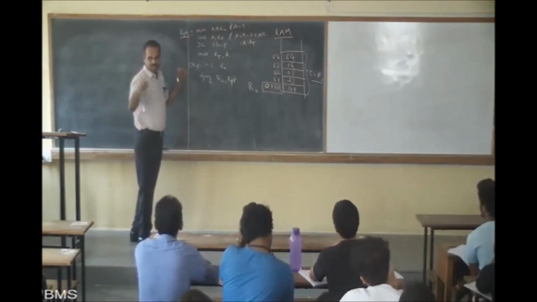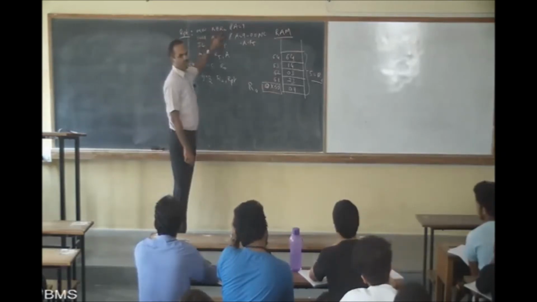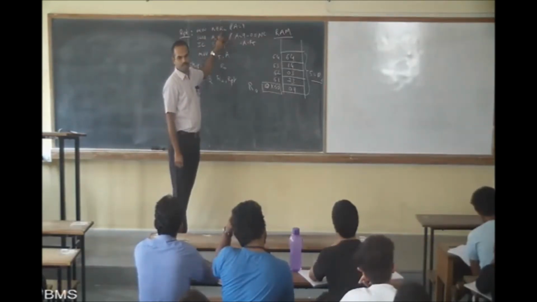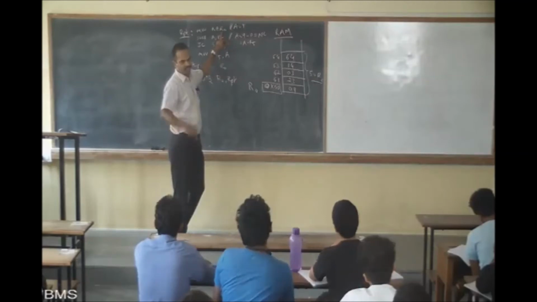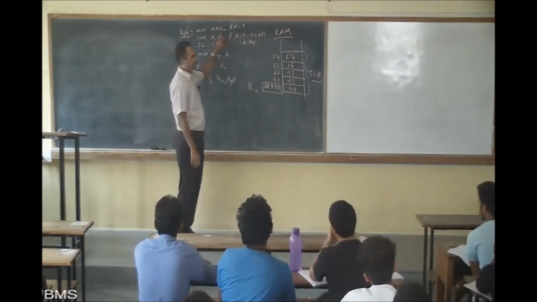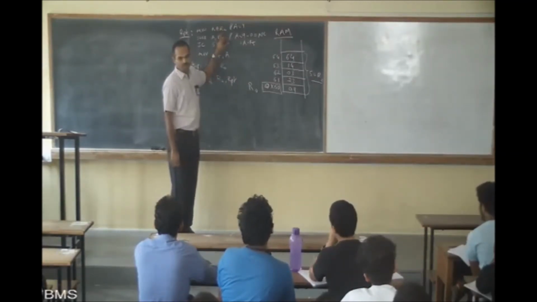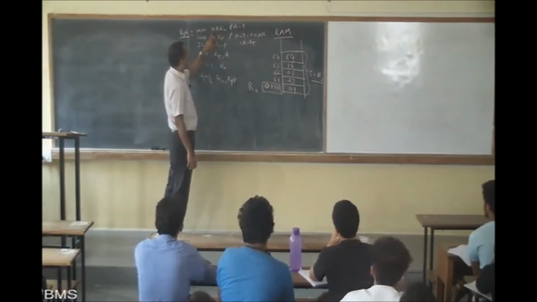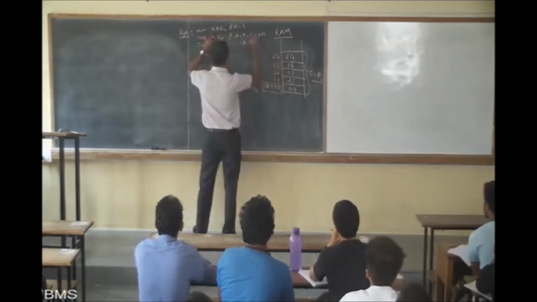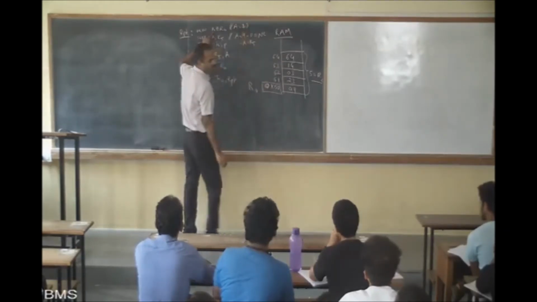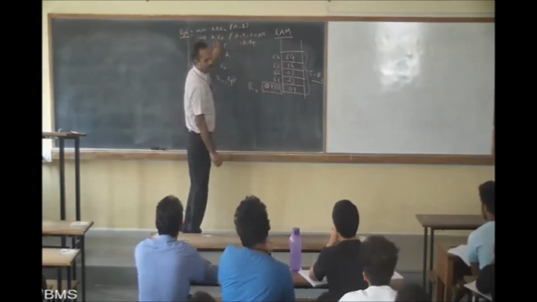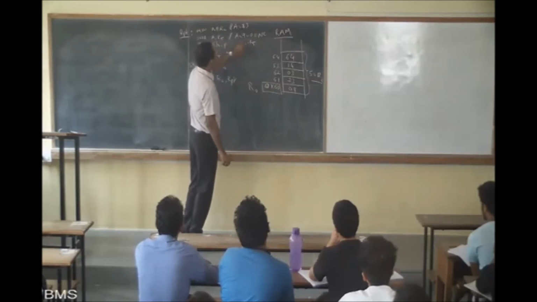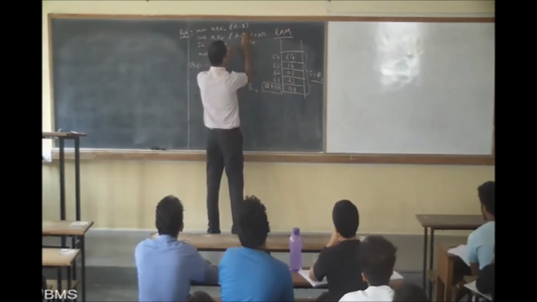Now what happens here? Observe this cycle also. What is the R0 value now? 61. Content of 61 is moved to A. What is the content of that? 23. Next, SUBB A comma R5. Subtract A minus R5. A is what right now? 23.